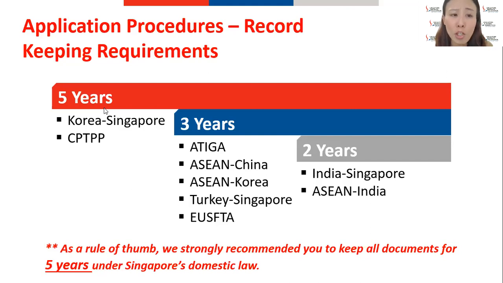However, it was also mentioned that the importer shall keep records relevant to the importation in accordance with the domestic laws and regulations of the importing party. Hence, as a rule of thumb, we strongly recommend you keep all concerned documents for 5 years as far as possible. The retention of such documents will have a critical impact that I will illustrate in the next slide.